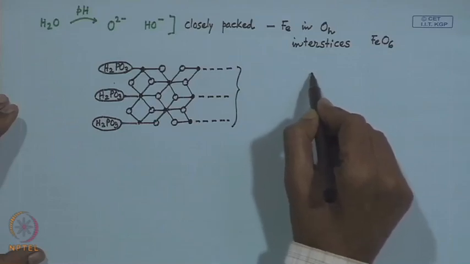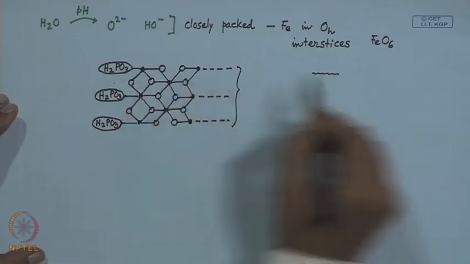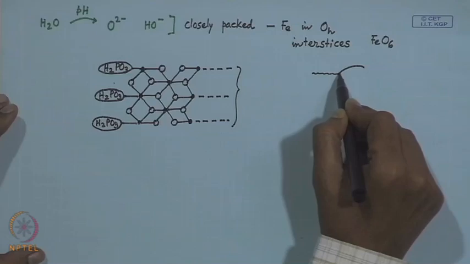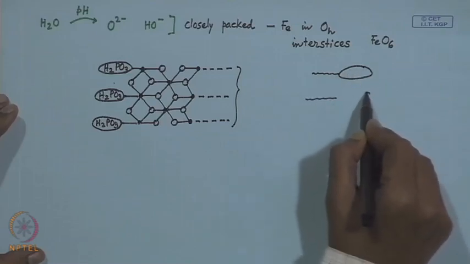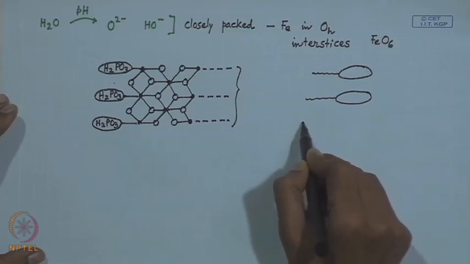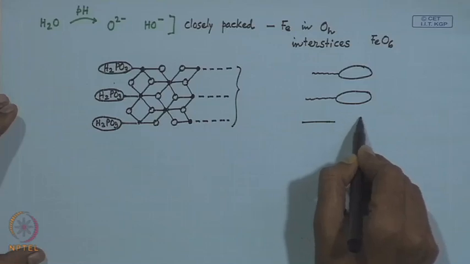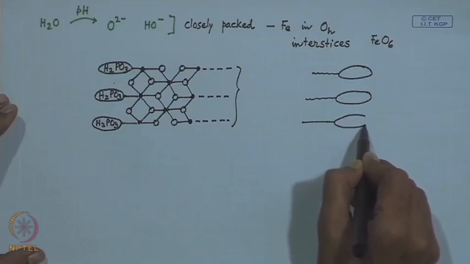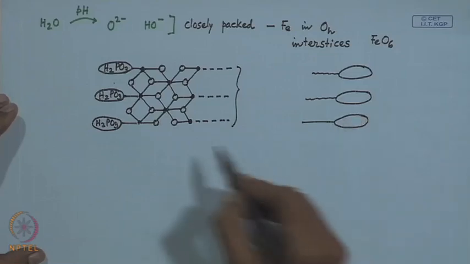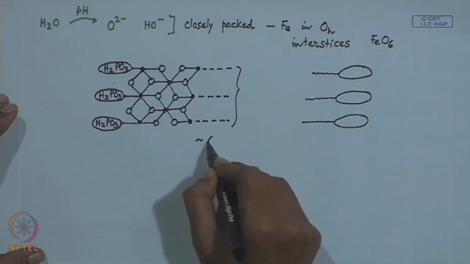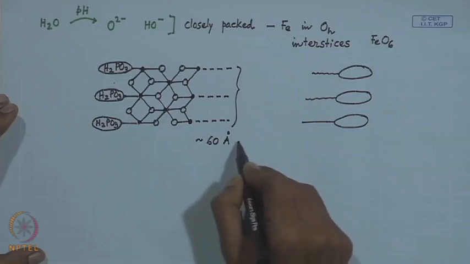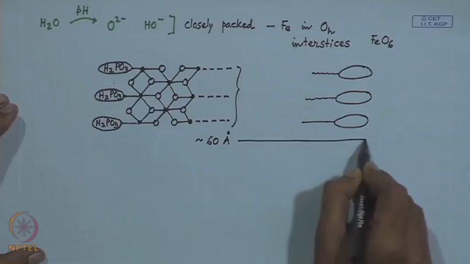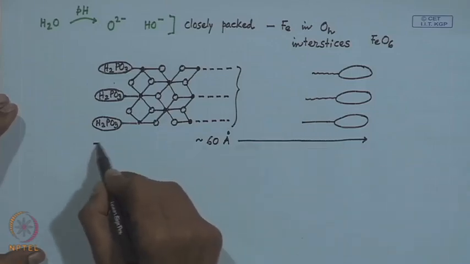On the right hand side, what will we have? We will have the same continuation of this and these terminating groups. So, the dihydrogen phosphate groups basically will terminate these 2D chains, and the entire chain length is also known to us, which is 60 angstrom.